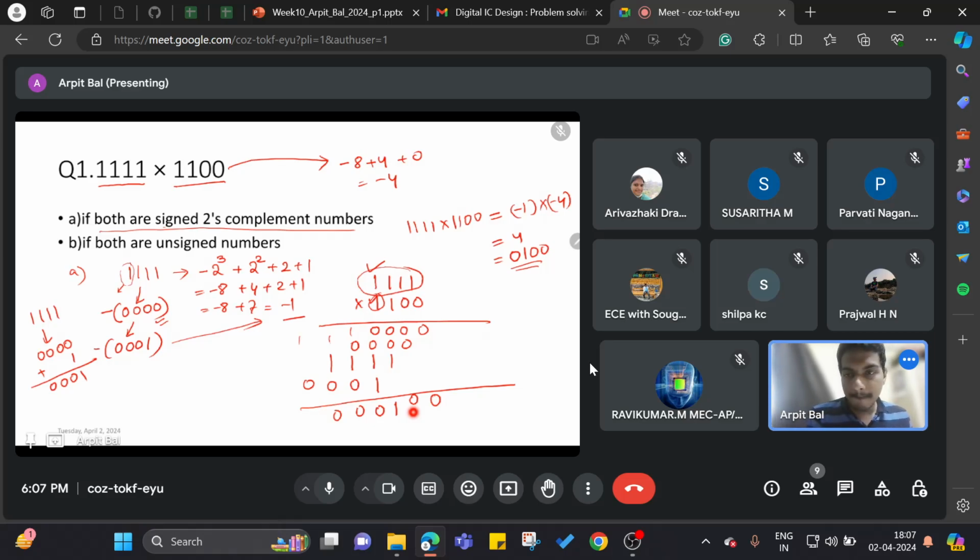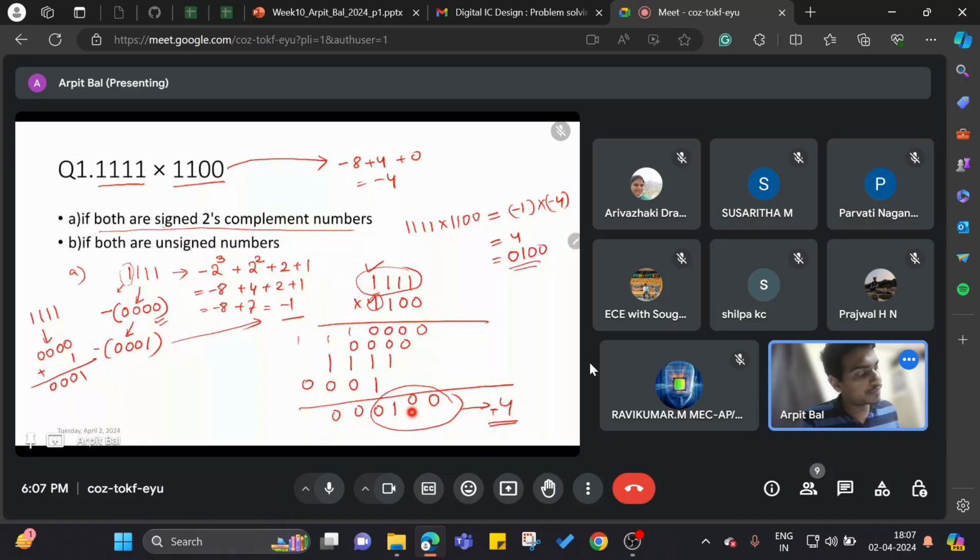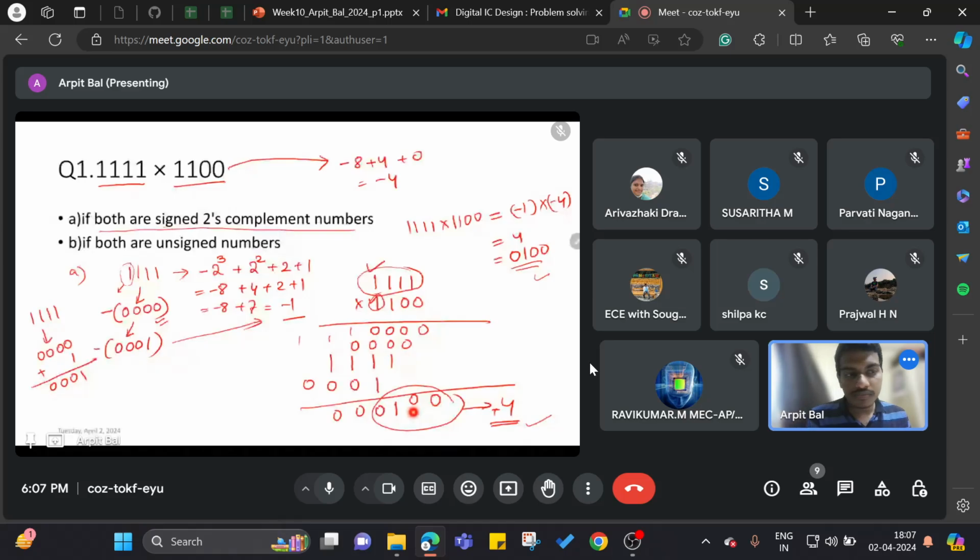Okay, so we arrive at the same answer as plus 4. So whenever you are doing 2's complement multiplication, be careful about the MSB. Okay, otherwise you will end up with the wrong result.